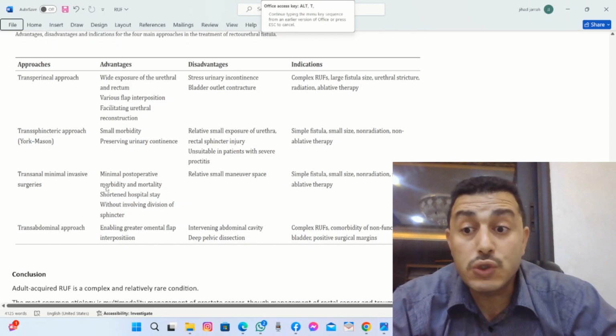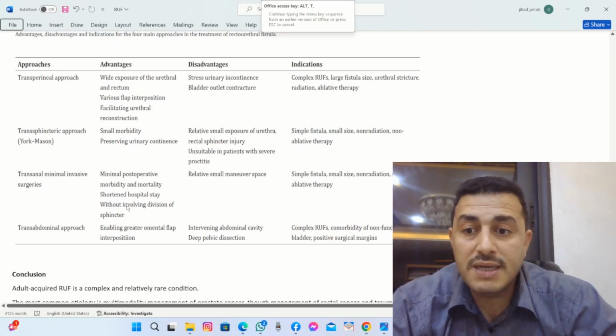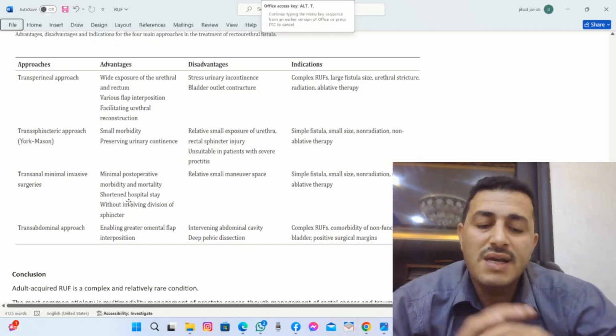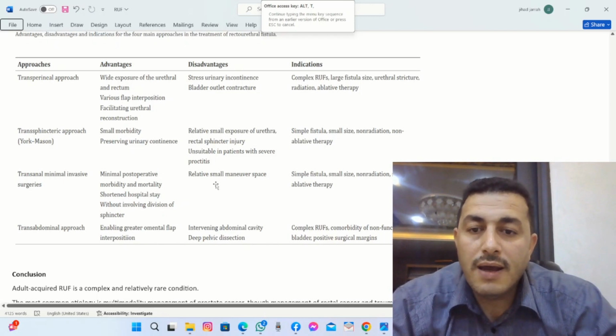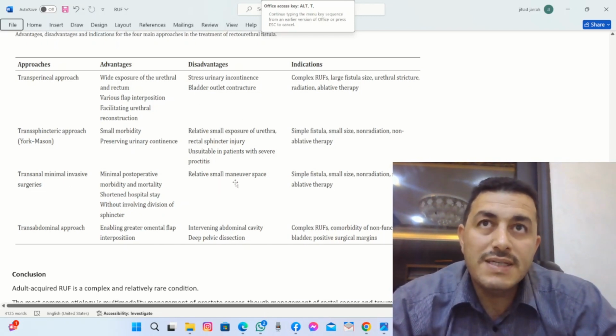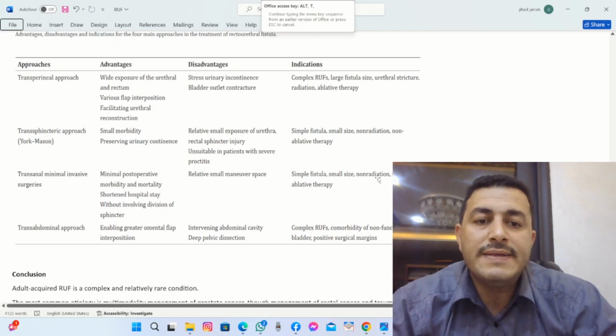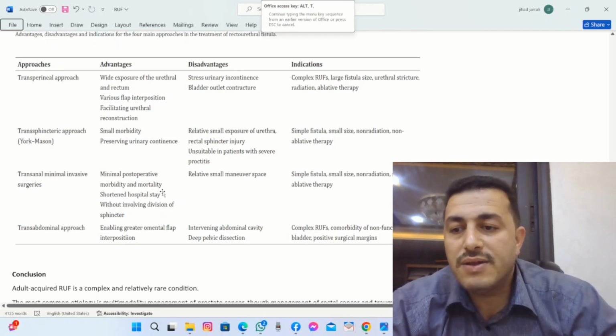So minimal post-operative morbidity, mortality, short hospital stay, not involving division of the sphincter. We said in the transanal approach we do not cut sphincters, we may stretch it. Disadvantage, it's relatively small space to work in. Indication, we said small simple fistula, small size, non-radiated, non-ablated therapy.